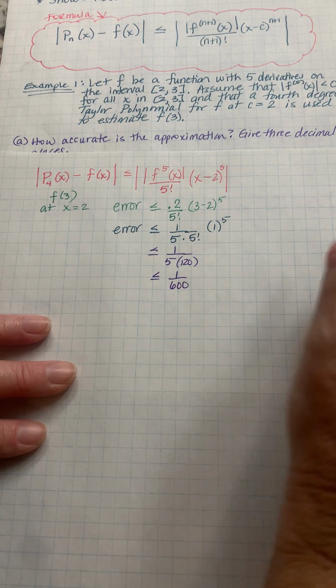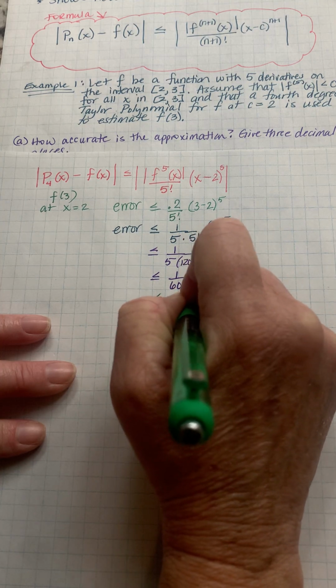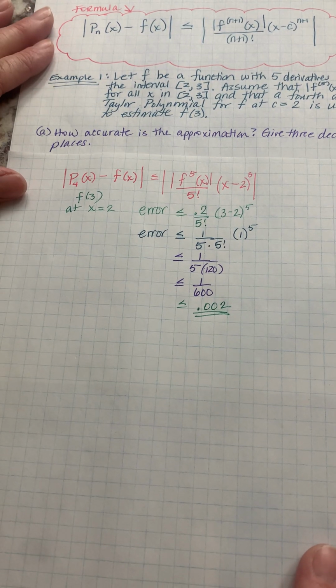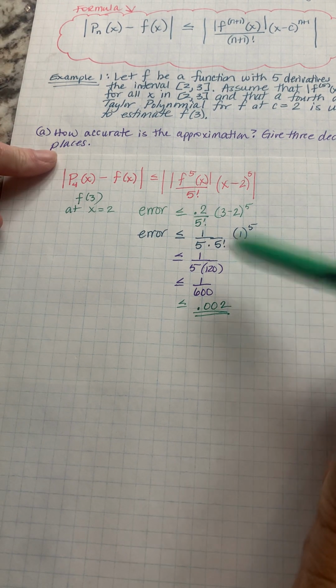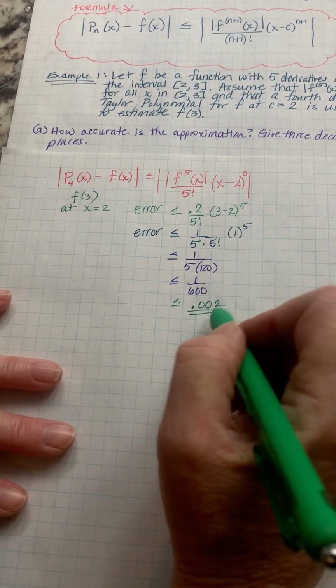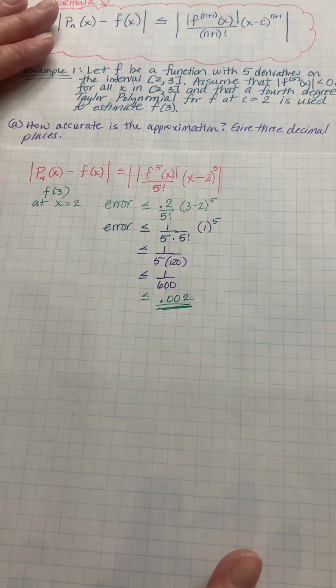If you had a calculator, that would be the same thing as 0.002. So how accurate is the approximation? Give 3 decimal places. Oh, because it says decimal places, that's why I went to decimals. So that's how accurate it was for part A.